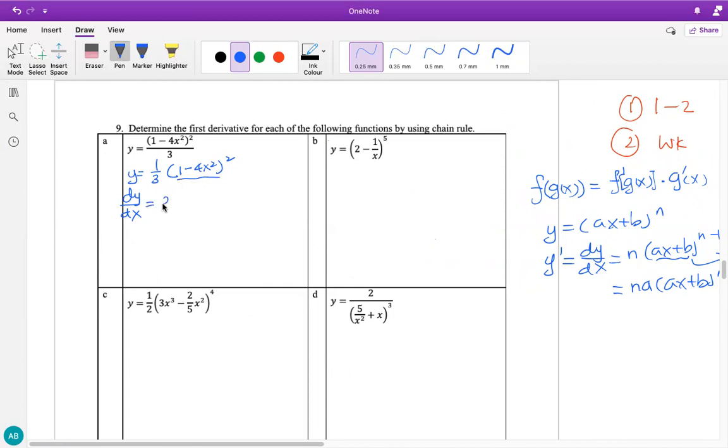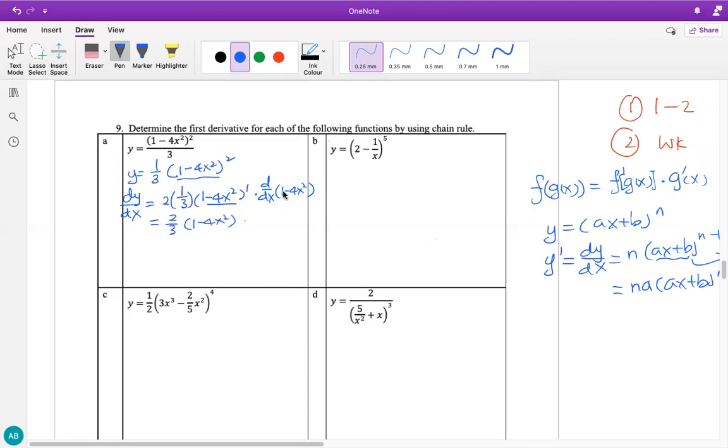So you get 2 times 1 over 3, and then the power becomes minus 1, with 1 minus 4x squared still inside. Then I differentiate inside, that is 1 minus 4x squared. So here you will get 2 over 3, (1 minus 4x squared).